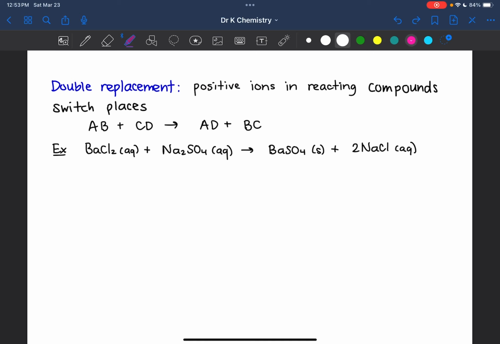So here we have A bonded to B, and then we have C bonded to D. So we're just going to switch the places of the reactants.